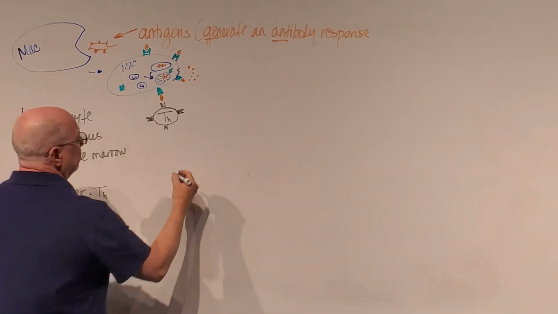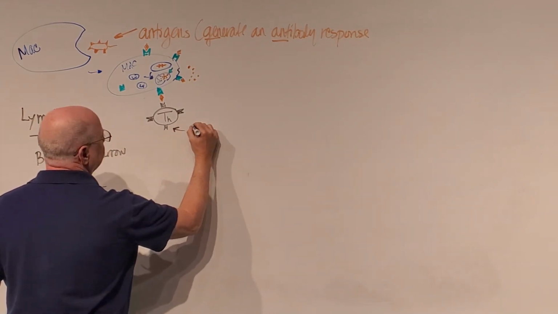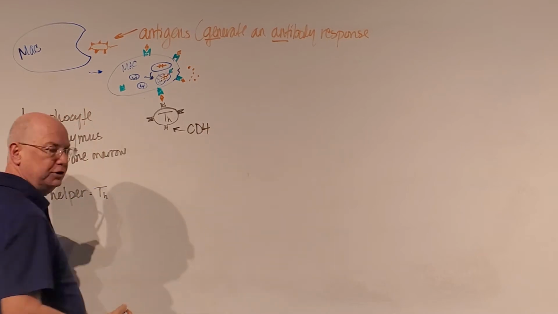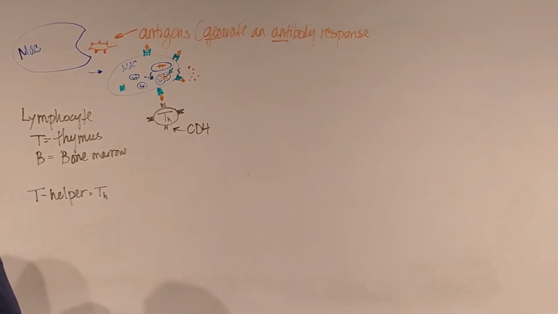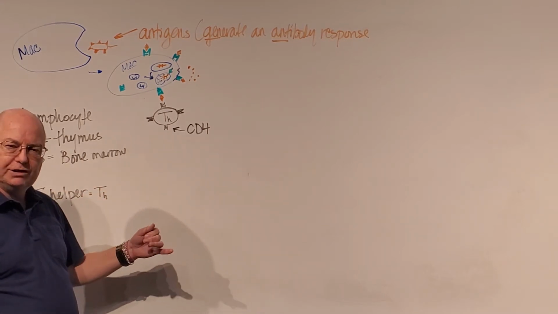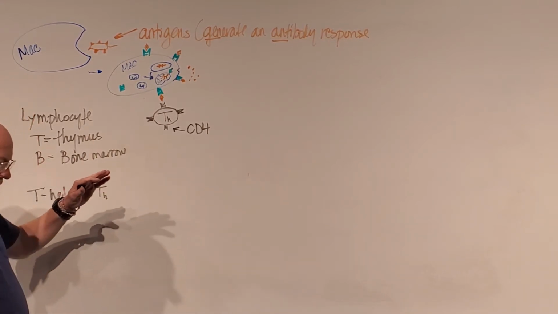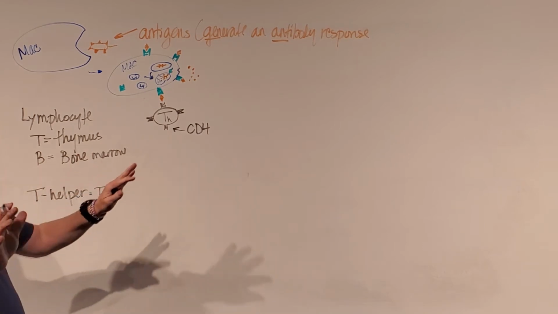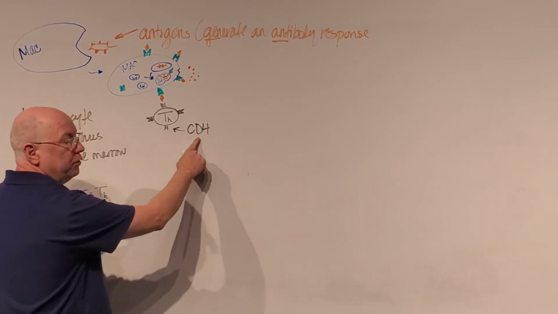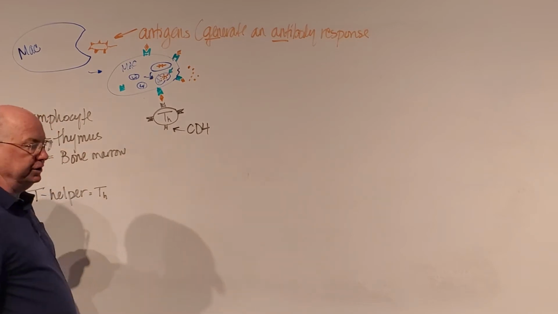And by the way, the protein on the surface of a T helper cell is called the CD4 molecule. It stands for... I'm drawing a blank on the CD, but anyway, it'll come to me in a second. So the CD4 molecule is unique to T helper cells.